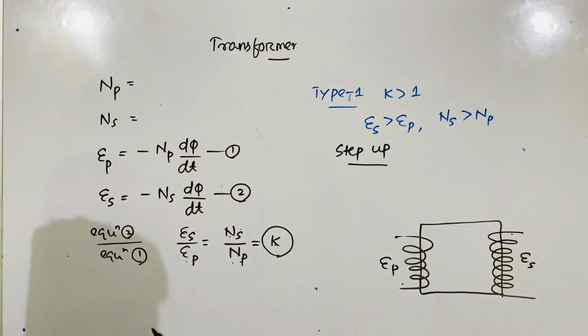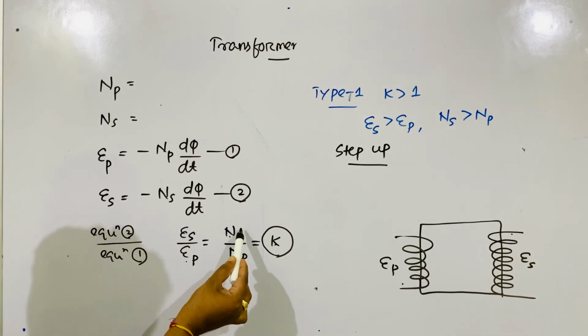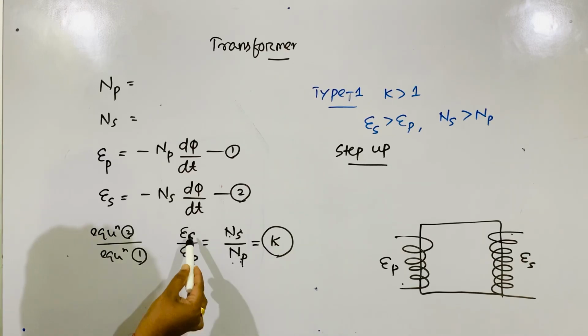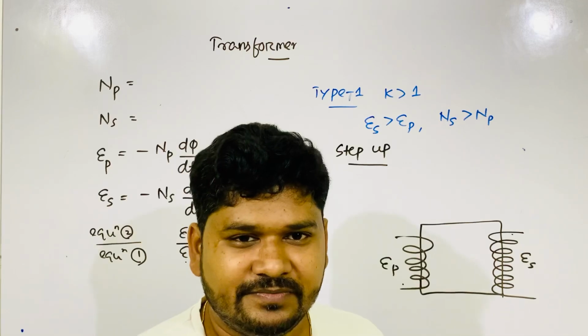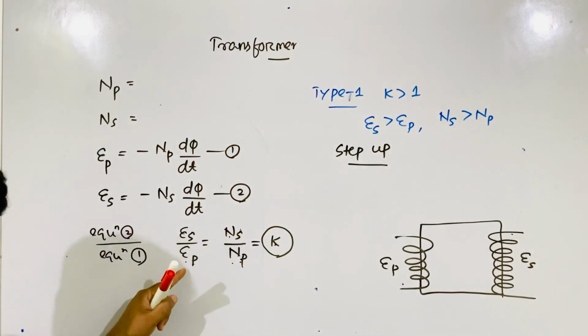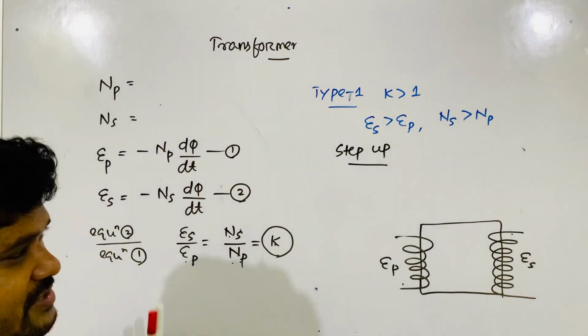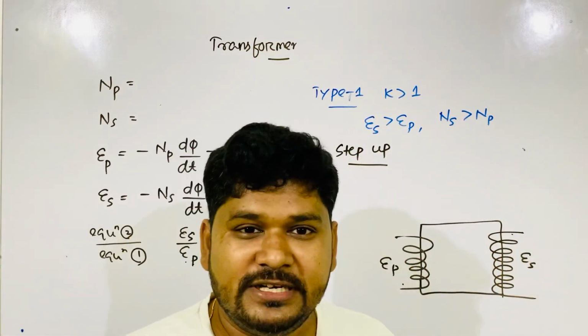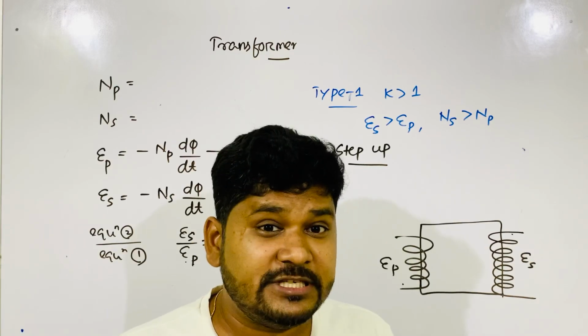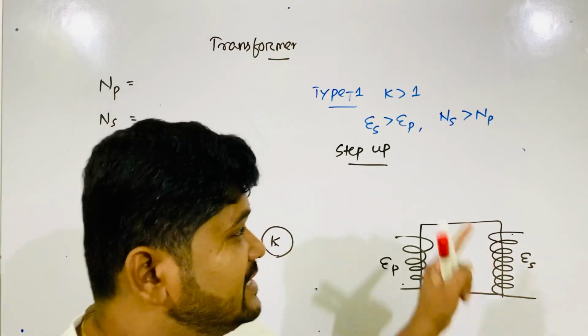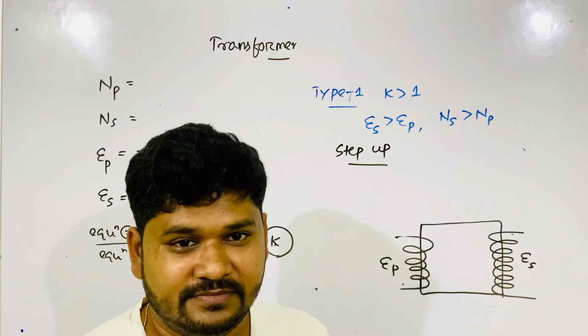If secondary turns are 2 times the primary turns, secondary voltage will be 2 times the primary voltage. If it is 10 times, the voltage will be 10 times. So if you want to increase the voltage by some number of times, you fix the number of turns accordingly, because the number of turns is in your hand. You will change only the number of turns. Is it right?